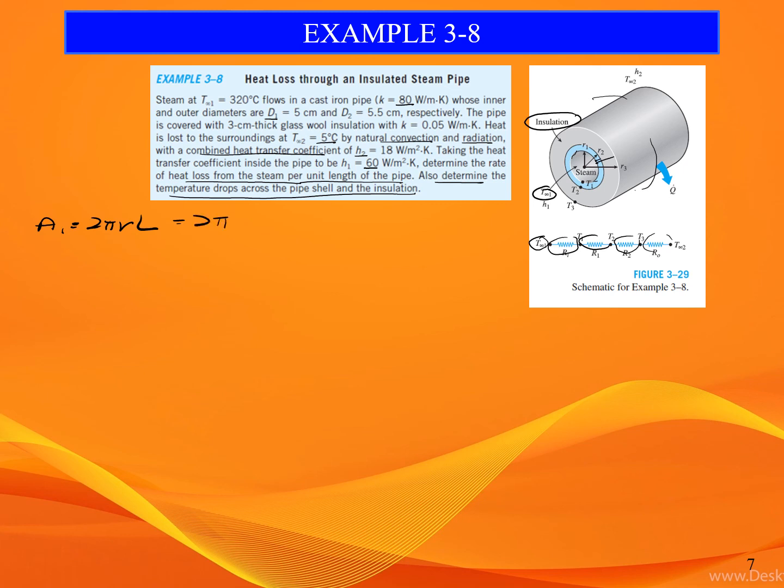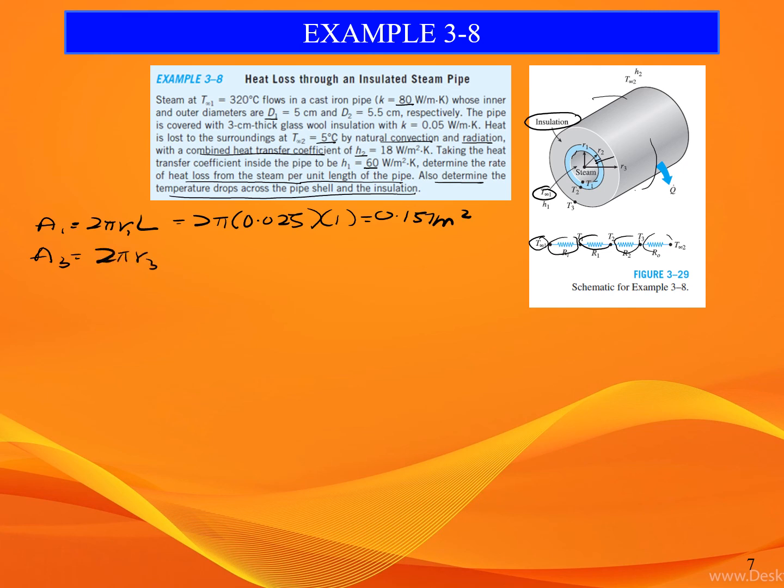So 2 pi, radius 1 is equal to 5 cm divided by 2, converted to meters it is 0.025 meter, times 1, and the answer is 0.157 meter squared.